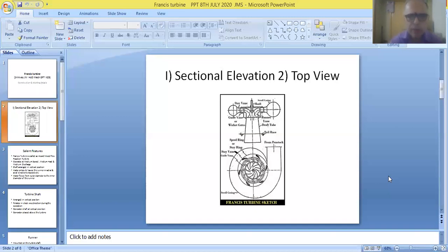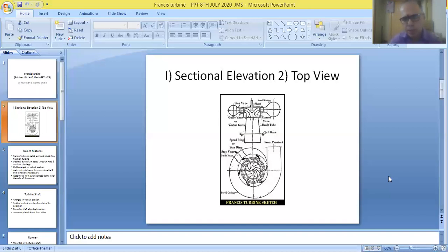So straight draft tubes are very, very essential for operating the Francis turbine. So arrangement of the draft tube is shown in the first figure, wherein the inlet of the tube is attached to the outlet of the runner, and finally the outlet of the tube is submerged in the second reservoir.